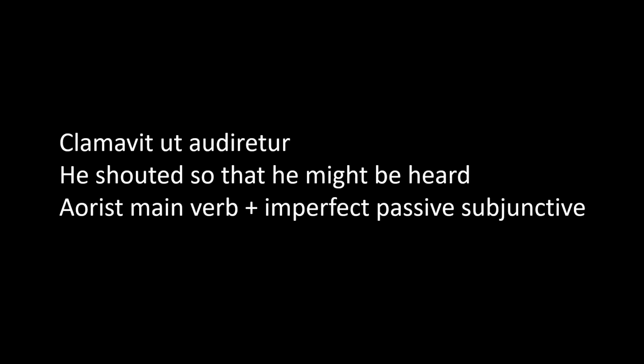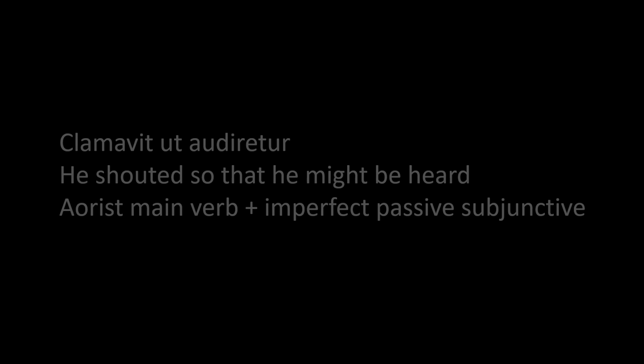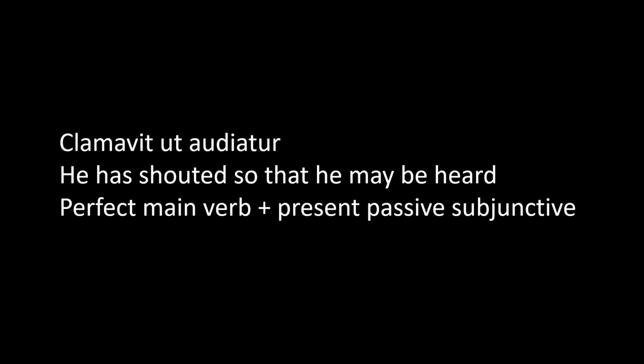Let's now look at the true perfect in Latin. Clamavit ut audiatur. He has shouted so that he may be heard. Perfect main verb and present passive subjunctive. He has shouted, and again, he has shouted so recently that you may still hear the echo of his shouting, and he has shouted so that he may be heard.